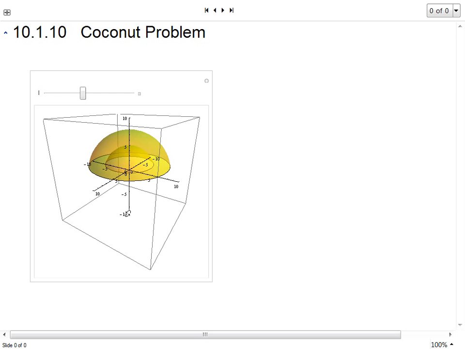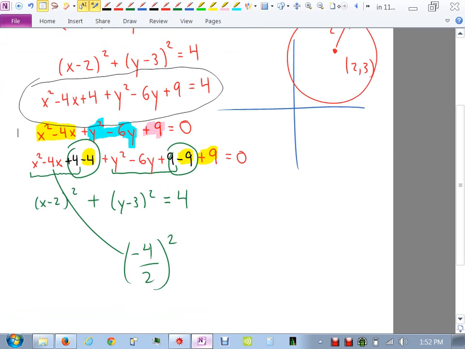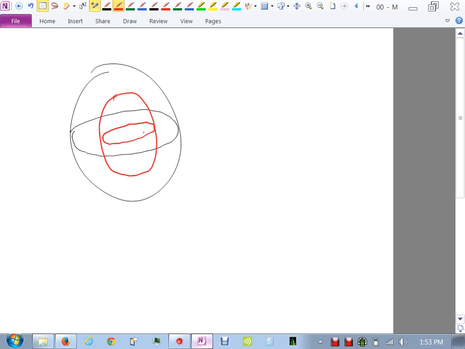Let me write it down on a different page. What we have is a coconut. Now here's my ill attempt at 3D rendering by hand. There's my ball, and inside of it I have cut out a smaller ball. And it just starts to get to be a real big mess. It's hard to see.